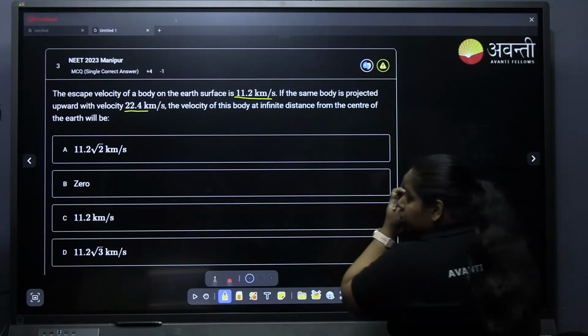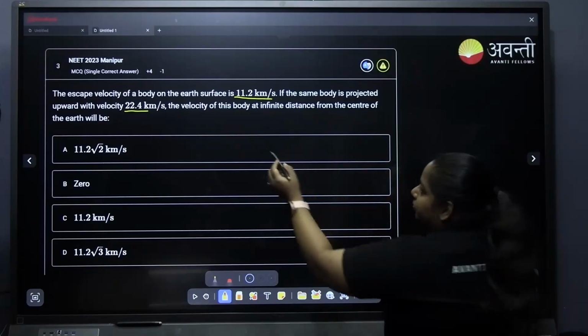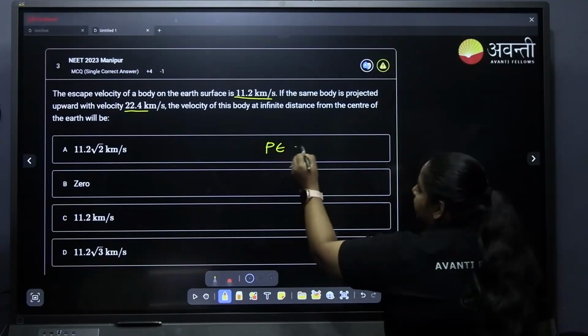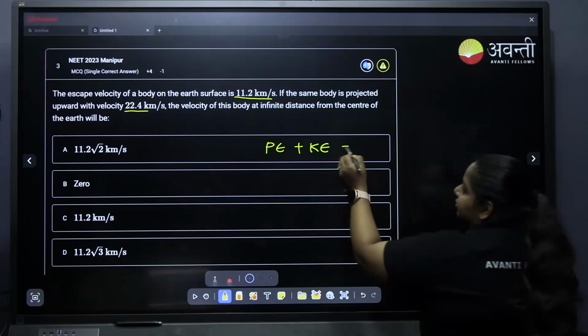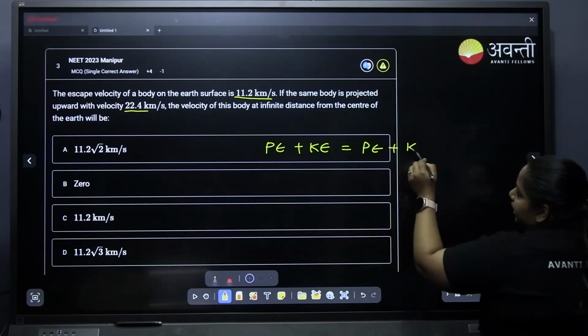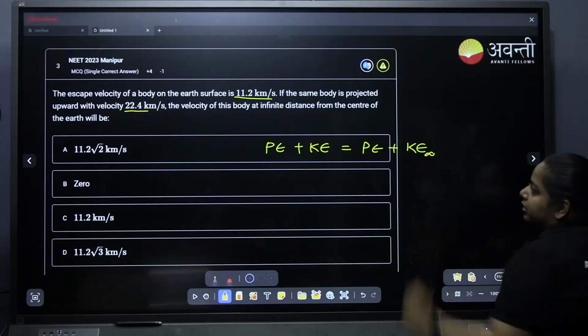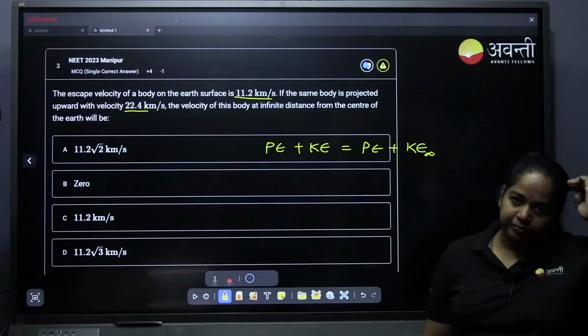Okay, so what we have to do is, potential energy plus kinetic energy at surface will be equal to potential energy plus kinetic energy at infinity. This we have to find.